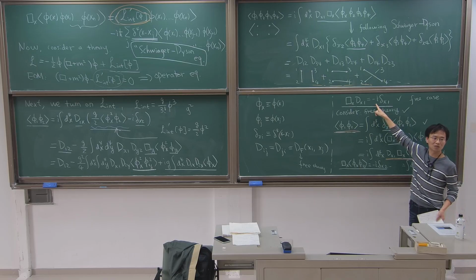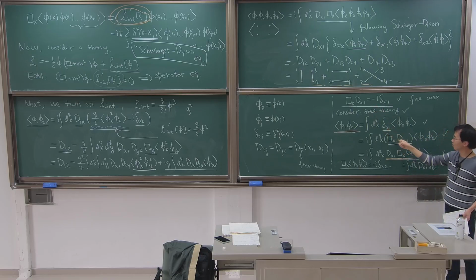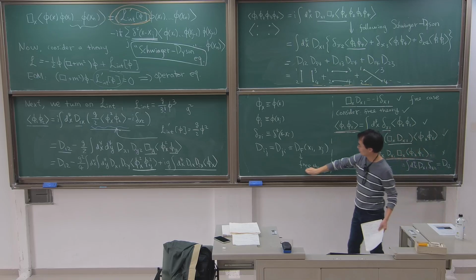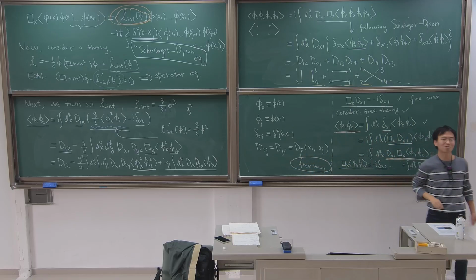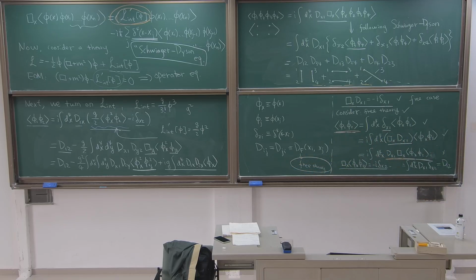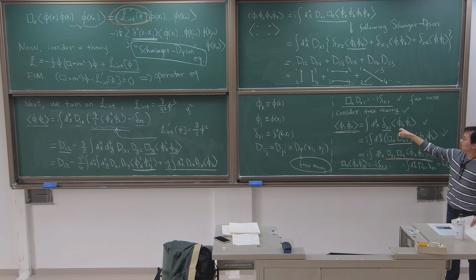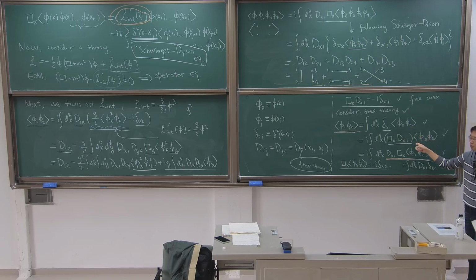This equation is true. So when you do this replacement, keep in mind that D is again the free theory result. Whenever I use D, I always mean free. For that reason, you can safely replace it, but keep in mind that this bracket now is for the interacting case. Of course, here is also for the interacting.